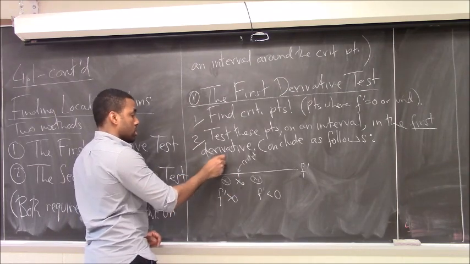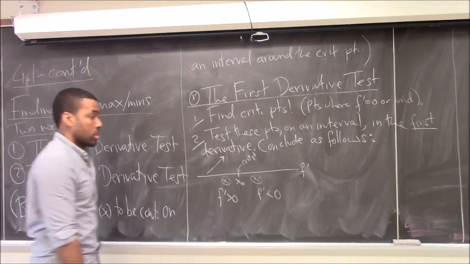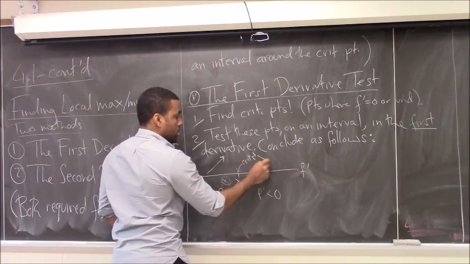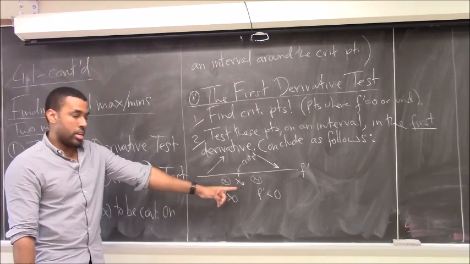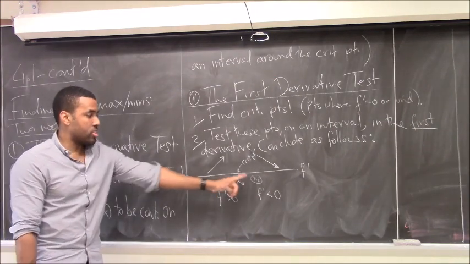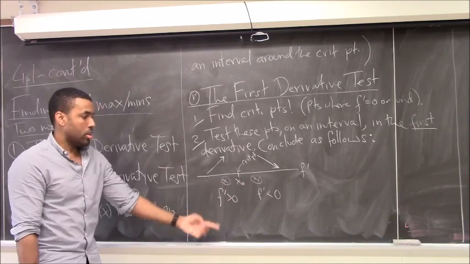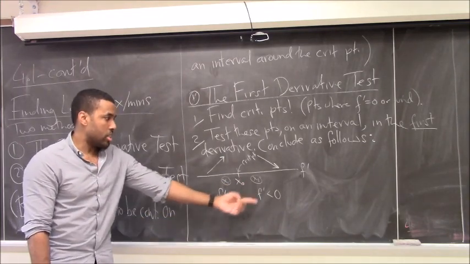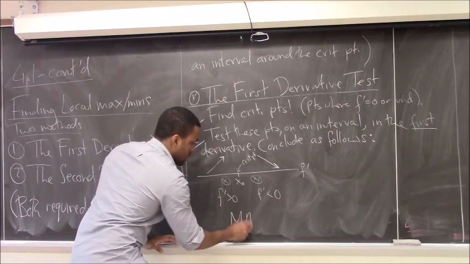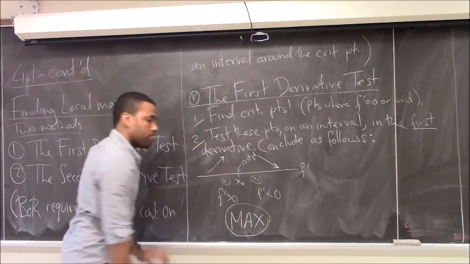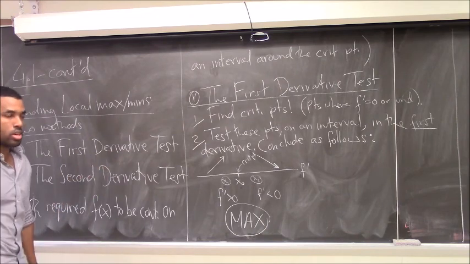It's increasing, then decreasing. Positive derivative means it's increasing; negative derivative means the opposite, it's decreasing. So if you find a critical point and your function is continuous there, and immediately on either side of that point the derivative is positive and changes to negative, that tells you that you have a max. You're just testing points on an interval.